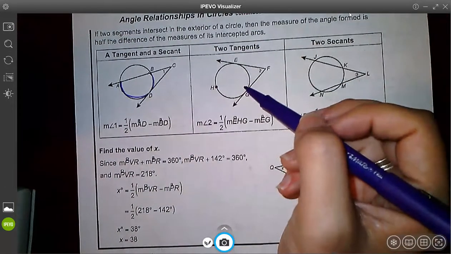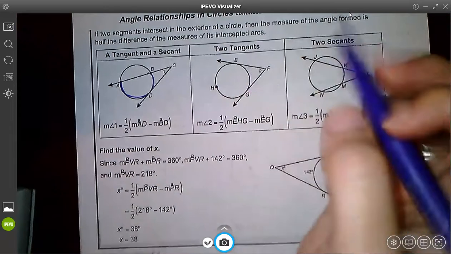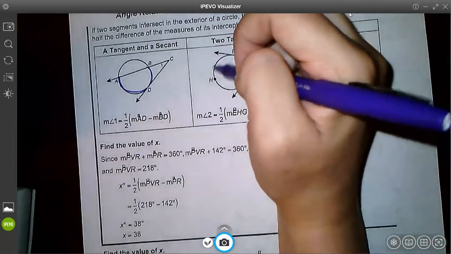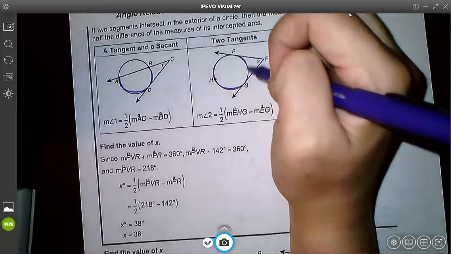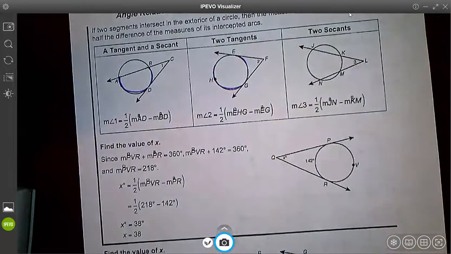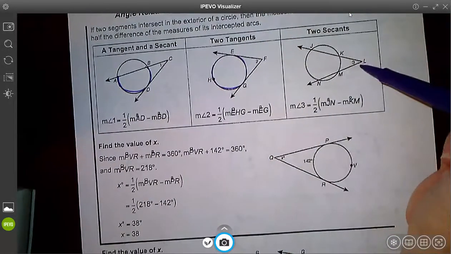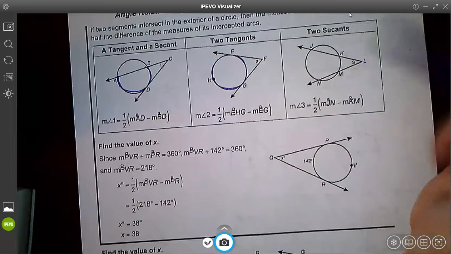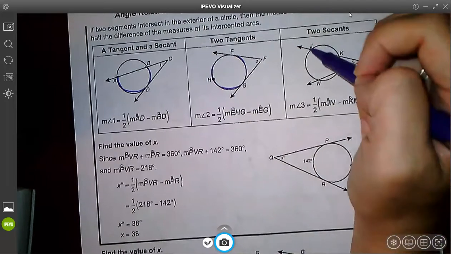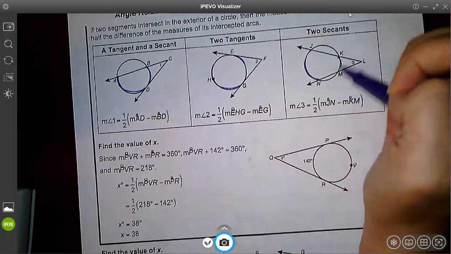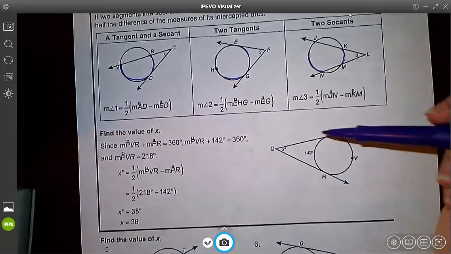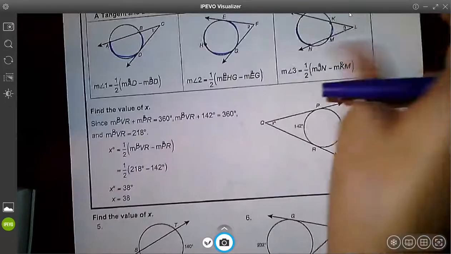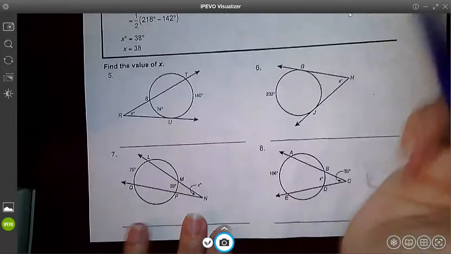Same situation with two tangents. It's half of the bigger arc, which is EHG, and the smaller arc, which is EG. And then this one is the same, half of the big arc minus the small arc. So here's an example of that, and then we're going to do some example problems.